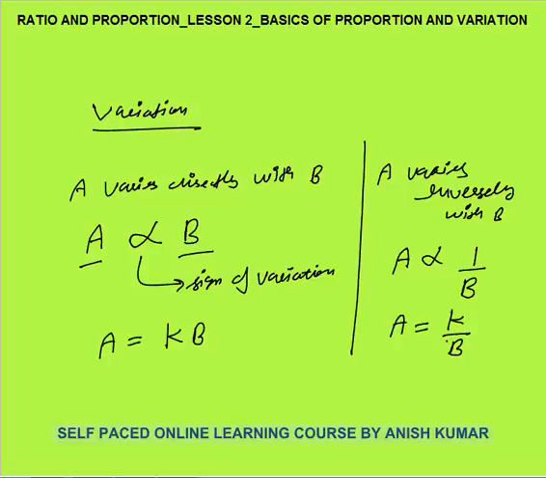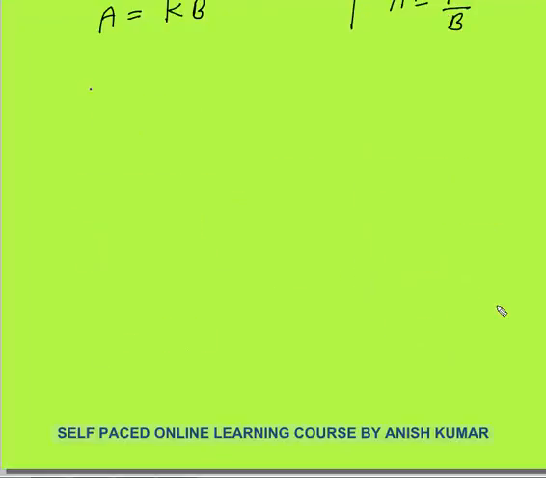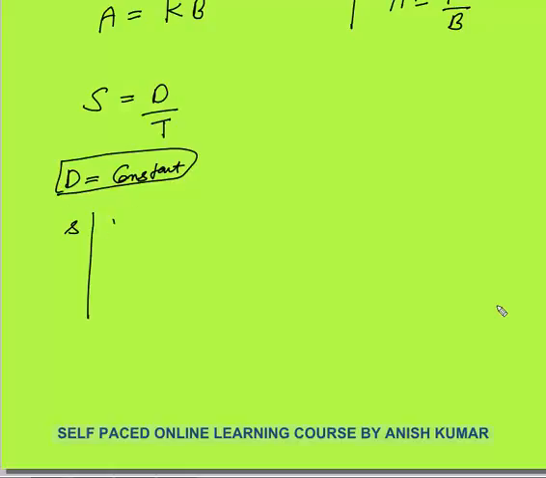For example, we know that speed is equal to distance upon time. Now, if I say that distance is constant, what will happen? Speed equals distance upon time. Distance I am taking as 200 kilometers.